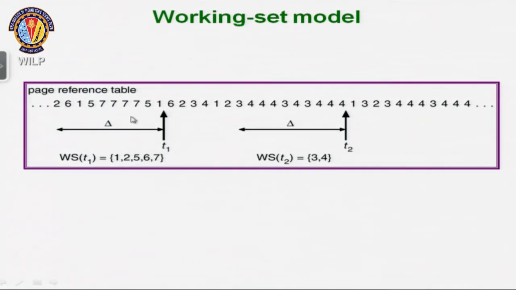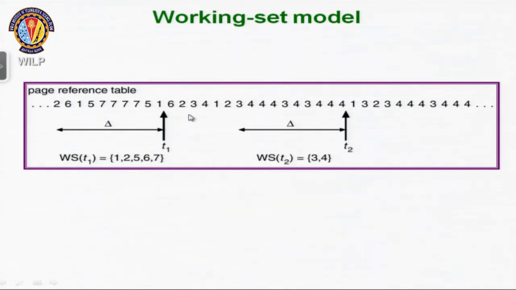We try to find out the unique frames which are required there. We find that we have 1, 2, 5, 6, 7. Out of 10 references, there are 5 unique pages. So here the working set has the value 1, 2, 5, 6, 7, and it lists 5 frames.